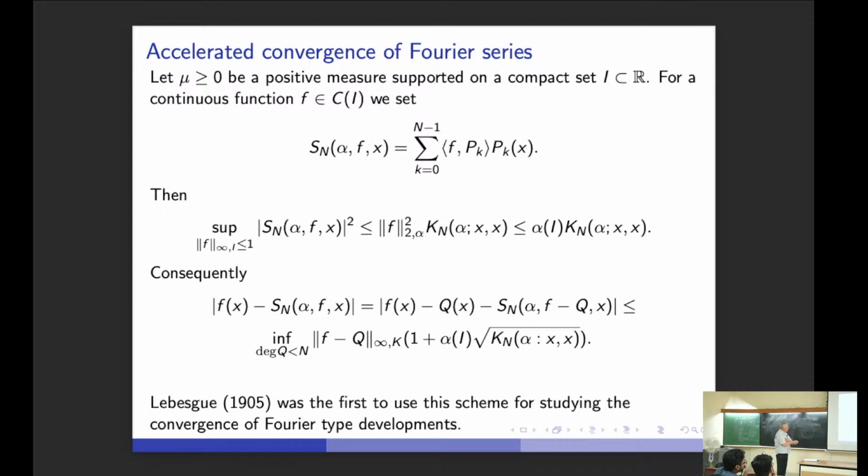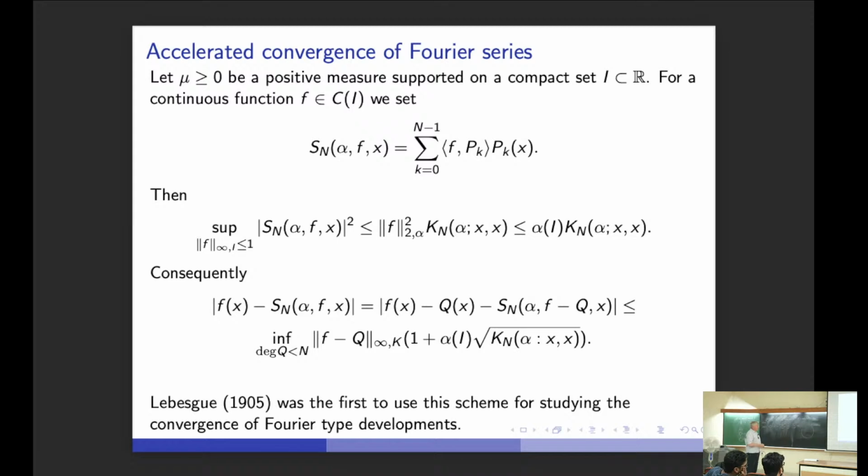The maximum of the partial sums of the Fourier expansion over all functions which are uniformly bounded is controlled by the Christoffel function. No surprise, because here we have, of course, the Cauchy-Schwarz inequality.